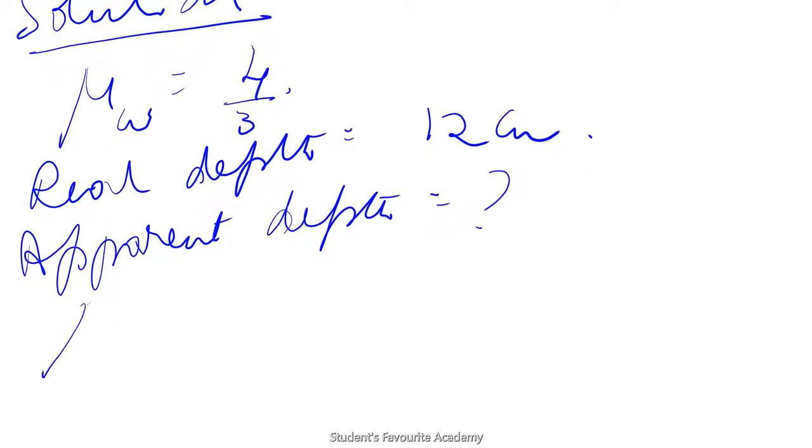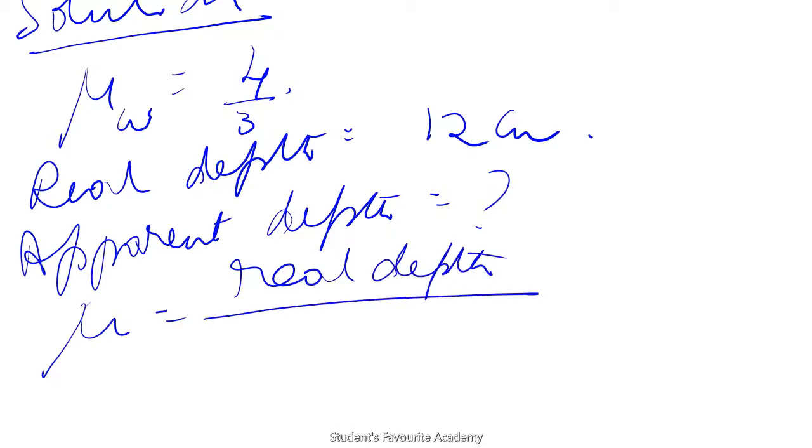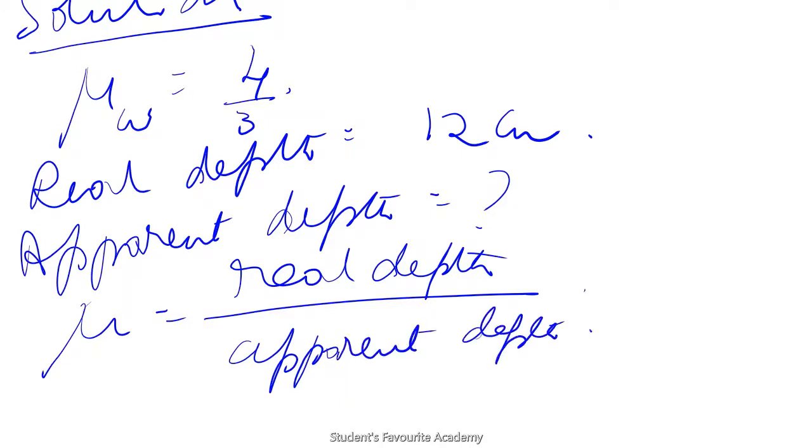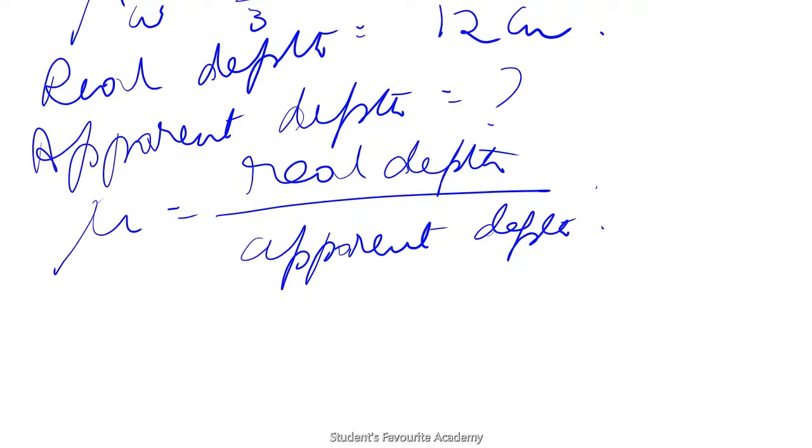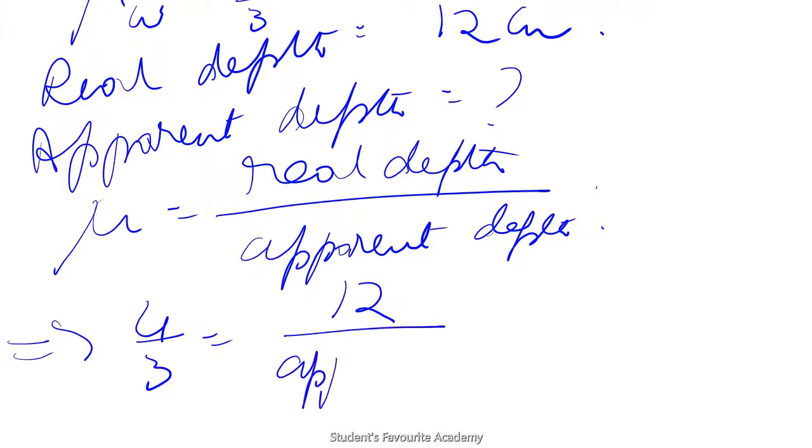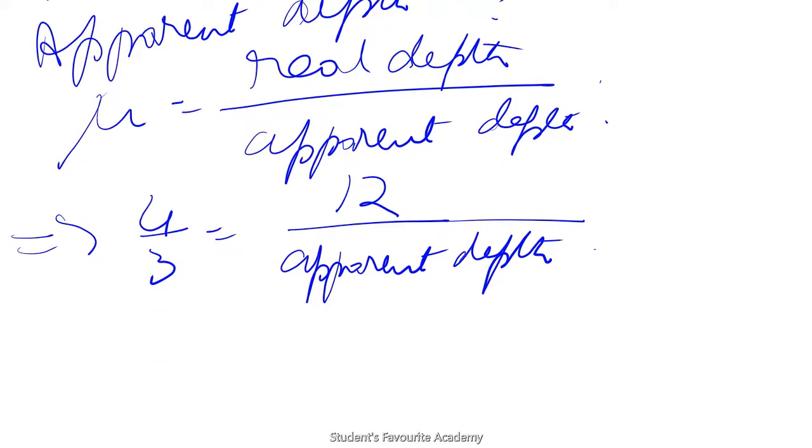So we know mu is equal to real depth upon apparent depth. So 4 upon 3 is equal to 12 upon apparent depth.